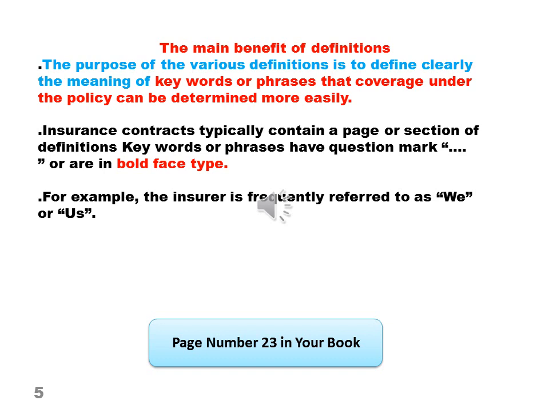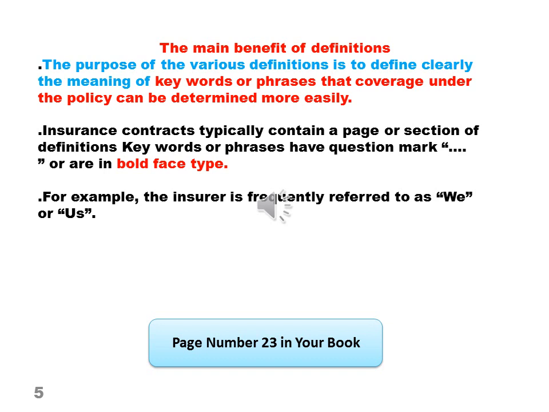Any insurance contract must contain keywords. These keywords must be very clear to the insurer, I mean the insurance company, and to the insured, I mean the insured person. What is the meaning of these keywords?